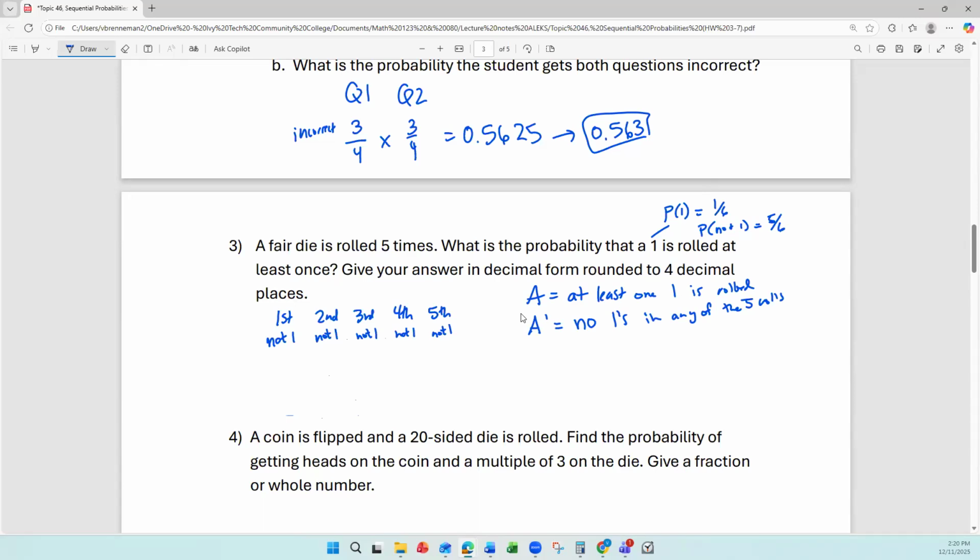Probably the first is not 1, 5/6. Probably the second is not 1, 5/6, and so on. Okay, so we can find probability of not A is this calculation, or you could do 5/6 to the 5th power. Okay, so you do that.